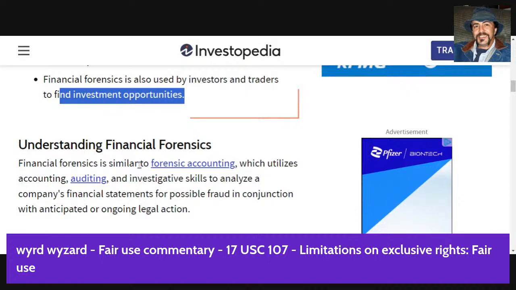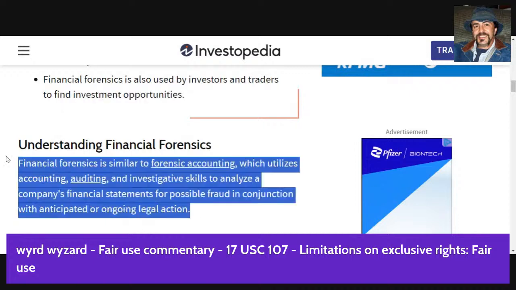Financial forensics is similar to forensic accounting, which utilizes accounting, auditing, and investigative skills to analyze a company's financial statements for possible fraud in conjunction with anticipated or ongoing legal action.